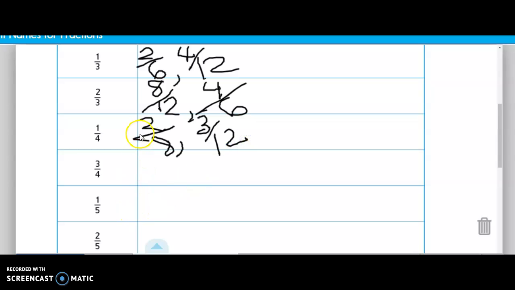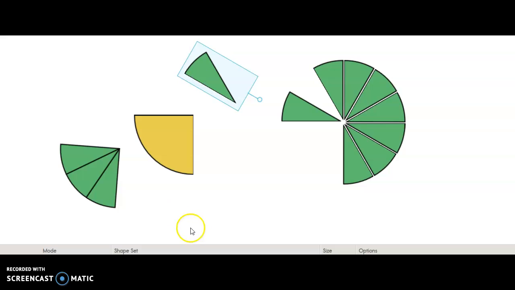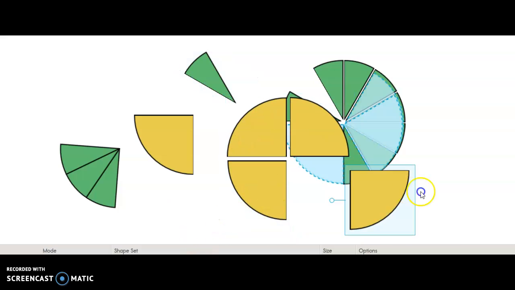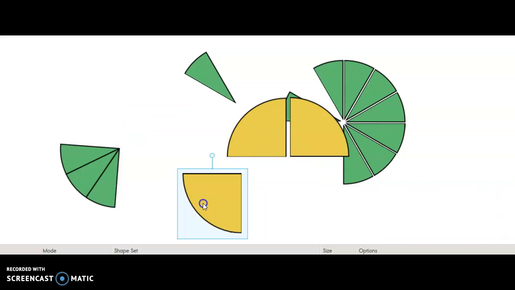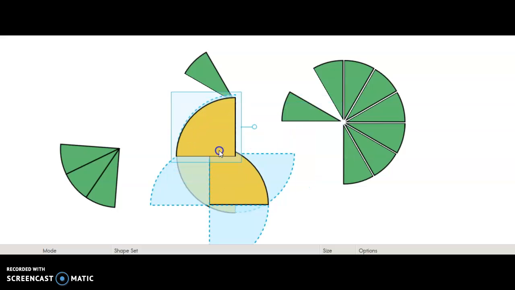So if I know 8ths and 12ths work for 1/4, then 8ths and 12ths are going to work for 3/4. So let me see. I need to... Okay, here are my 3/4. There's one. There's another one. Another one.